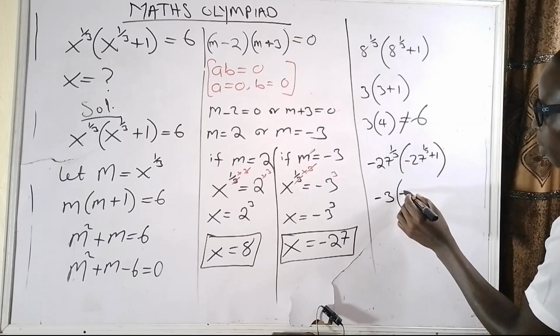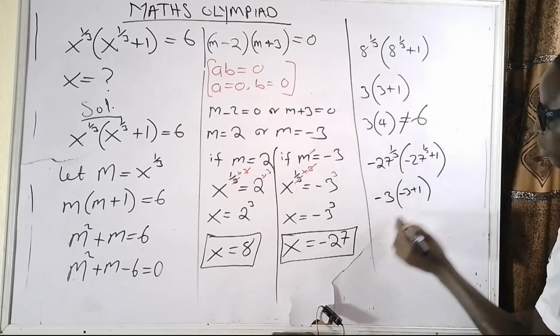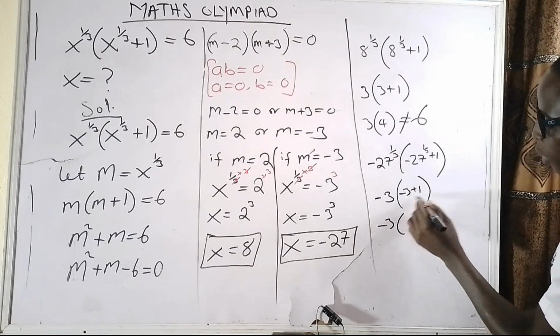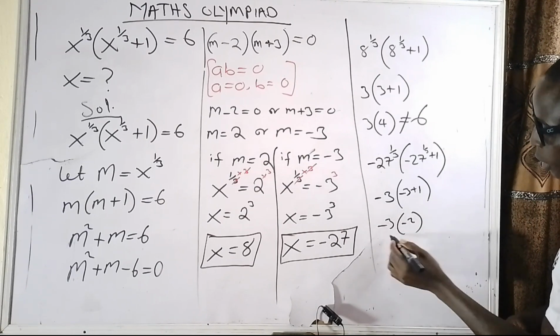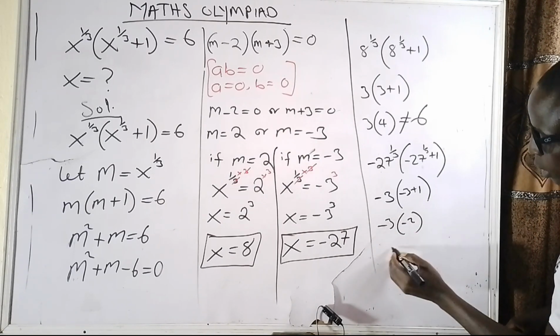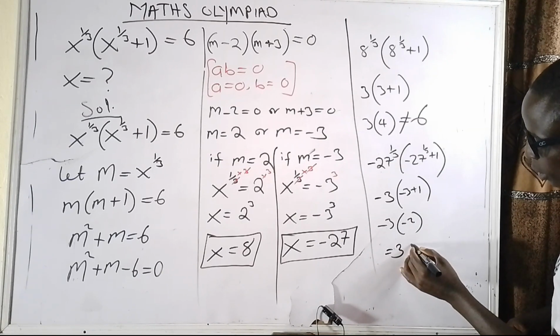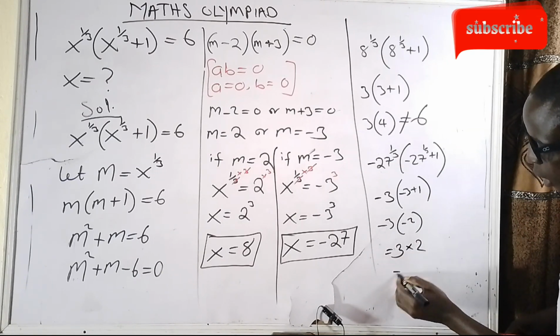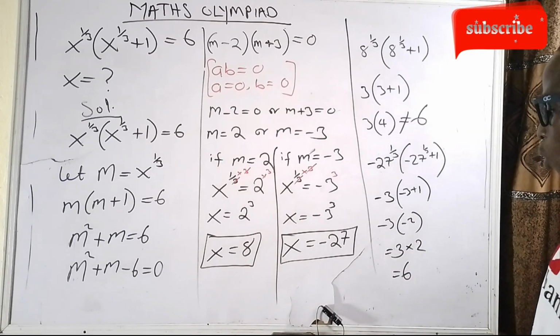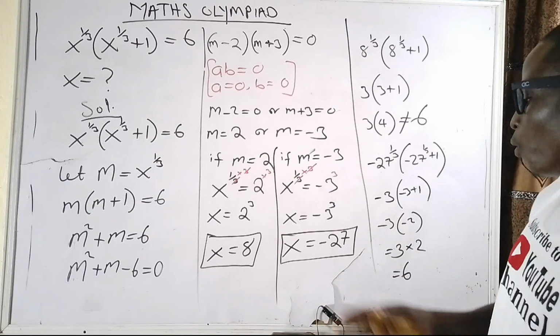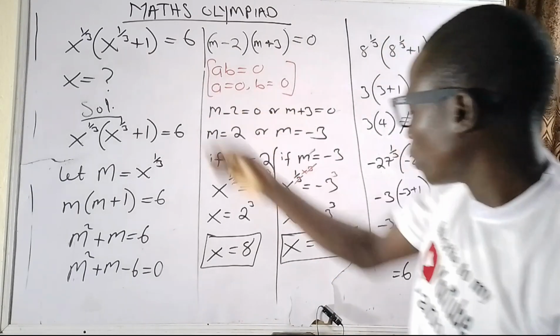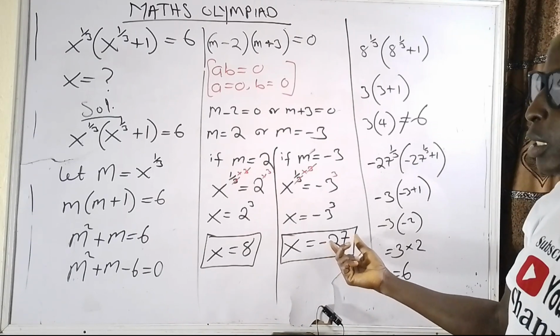Then I have, in the bracket, minus 3 plus 1. This is minus 3. Minus 3 plus 1 is minus 2. Then minus 3 times minus 2 gives 6. So that means the value of x that will satisfy this particular equation is minus 27.